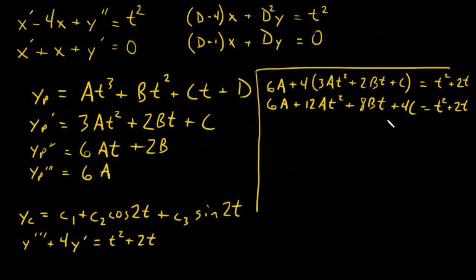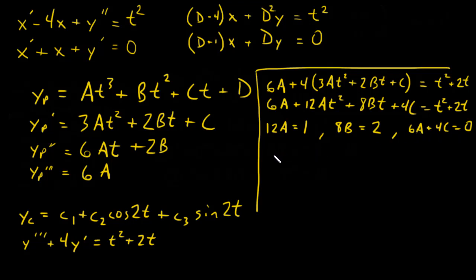Okay, so now that I got it in this form, I can group. I'll start with the t squared. So 12a equals 1. The t's now: 8b equals 2, and 6a plus 4c equals 0.